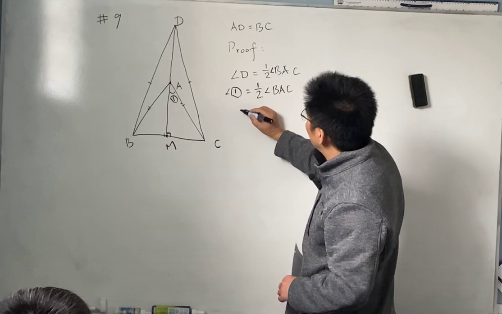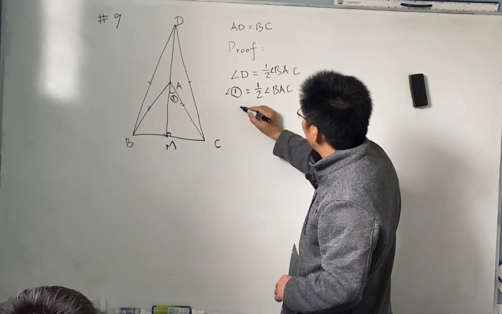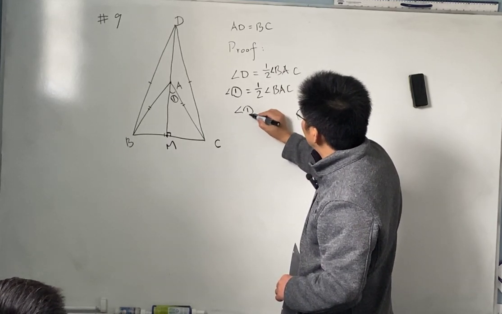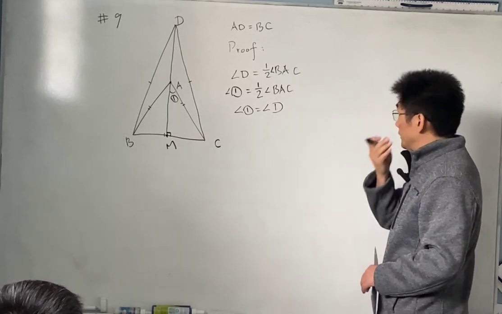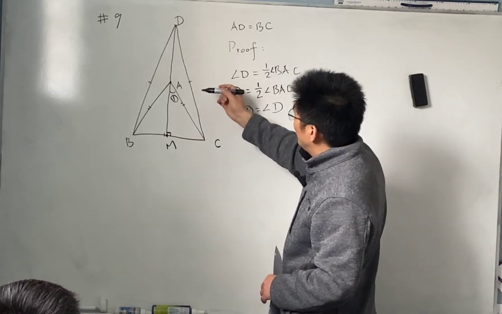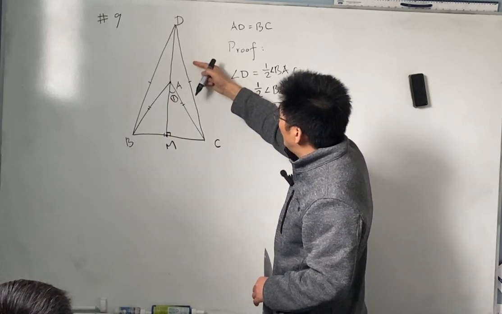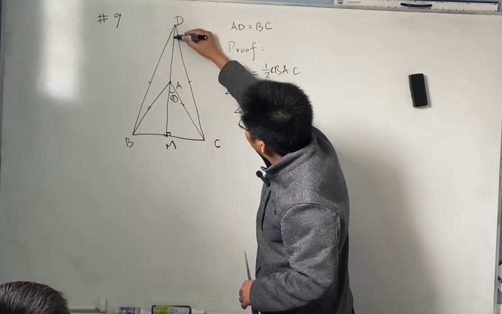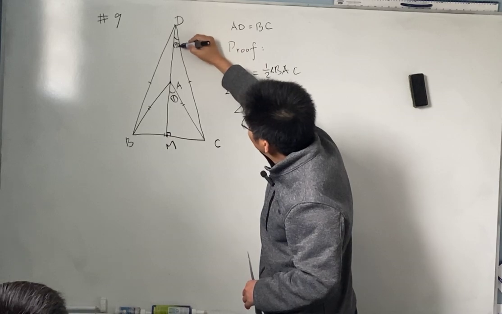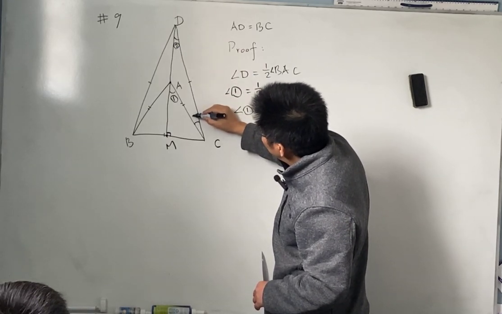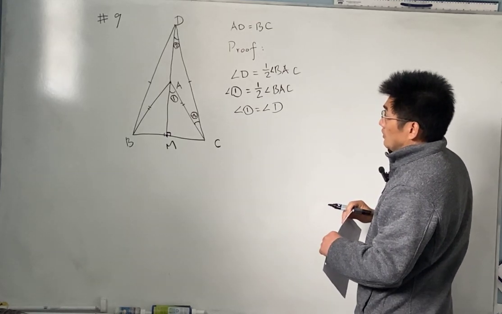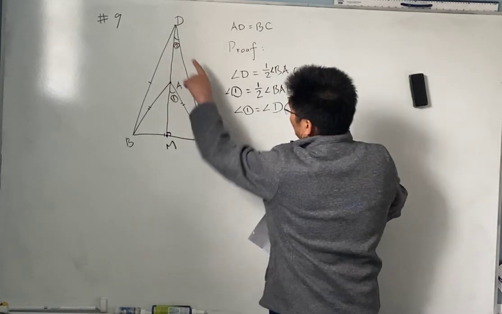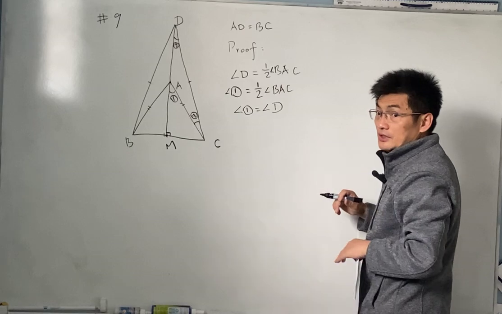So angle 1 actually equals angle D. And from here, label this as 2, label this as 3. So I'm trying to prove that angle 2 equals angle 3.